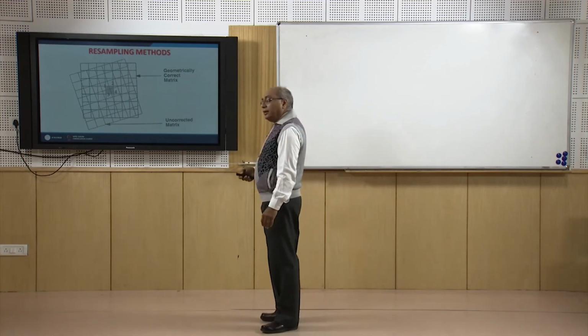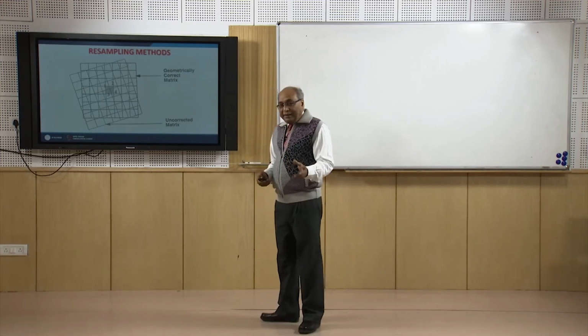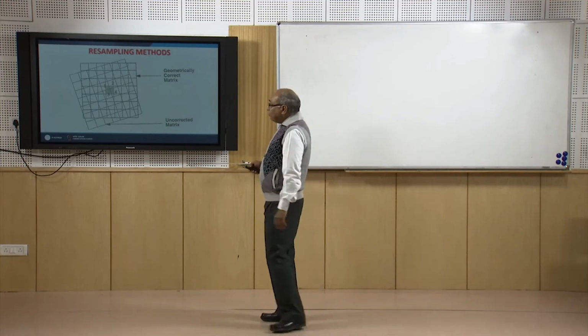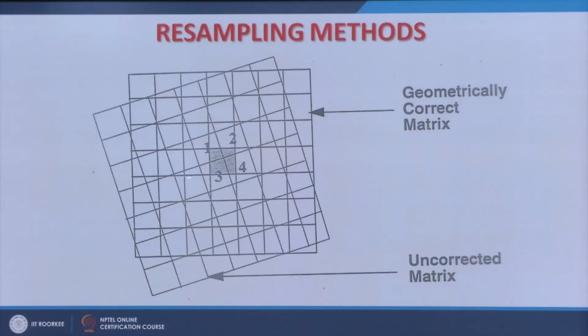In the first resampling technique, that is the nearest neighbor, whatever value pixel 1 is having, suppose in an 8-bit image it is having a value of say 150, the system will look at which of these 4 overlapping the shaded pixel is having the maximum overlap.